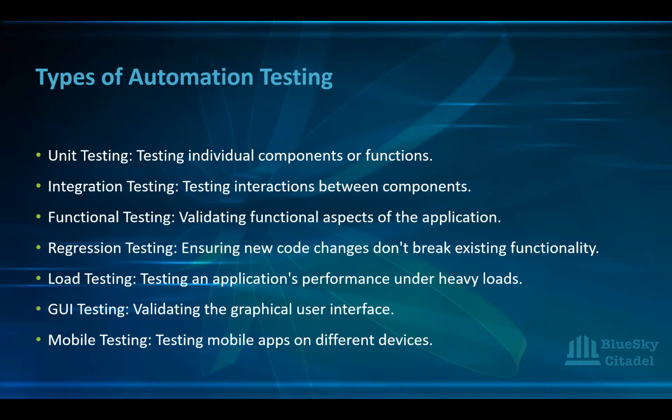Now we also have GUI testing. This is where you are validating the graphical user interface. What this type of testing focuses on is ensuring that the UI functions correctly.